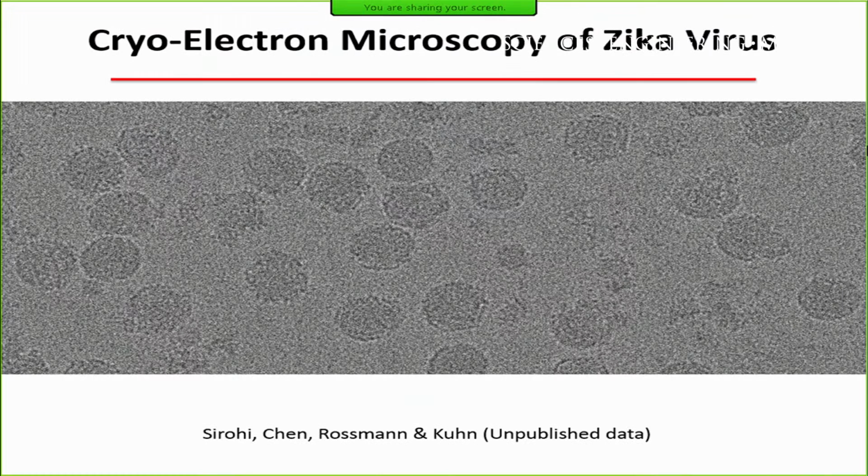Next slide, please. So this is work that has been ongoing at Purdue between my lab and the laboratory of Michael Rossman. And what we see here is Zika virus that's been highly purified and has been cryo-frozen and prepared for electron microscopy. I'll just say now that you can see that there are smooth particles in this preparation, and there are particles that are bumpy and that are presumably partially mature.